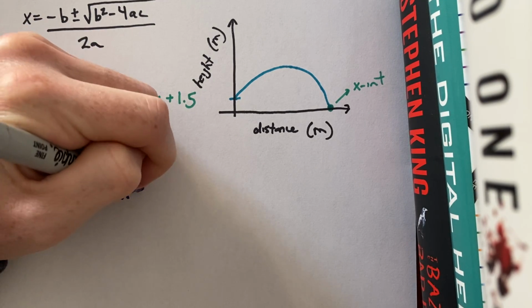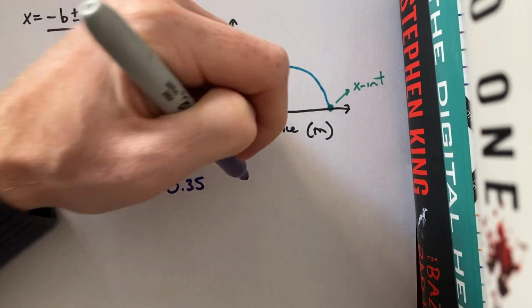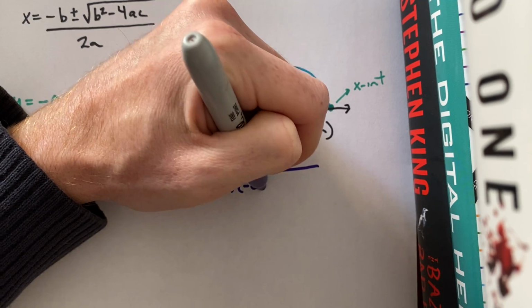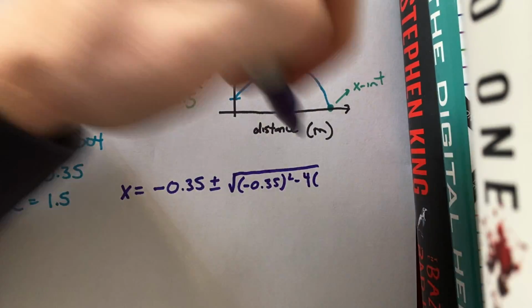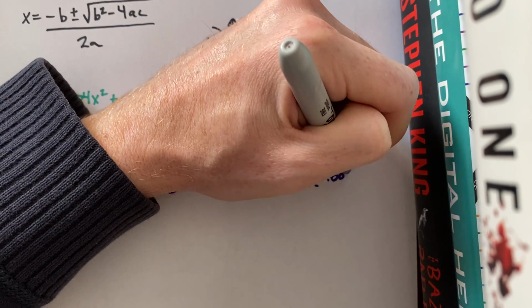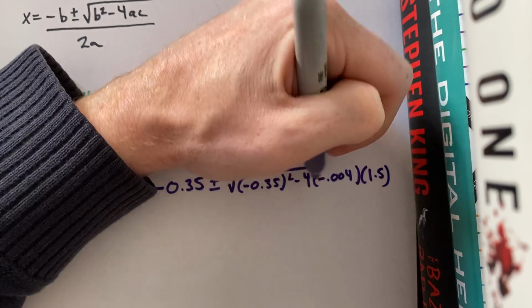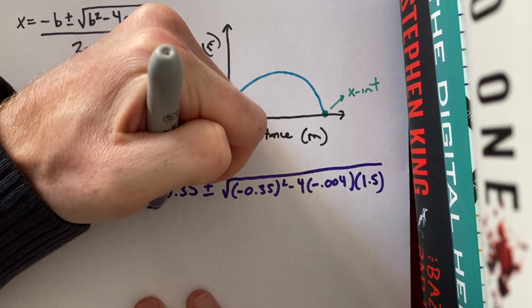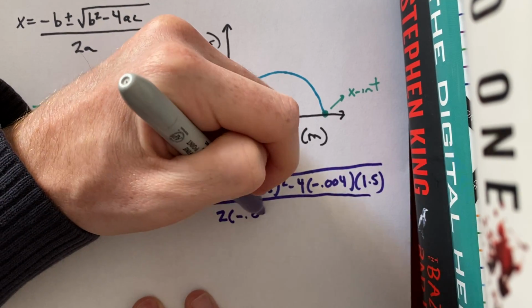So we have x equals the opposite, so negative 0.35 plus or minus the square root of negative 0.35 squared minus 4 times negative 0.004 times c, which is 1.5. That's all my discriminant. And then that is all over 2 times negative 0.004.